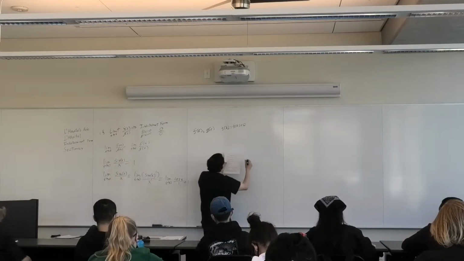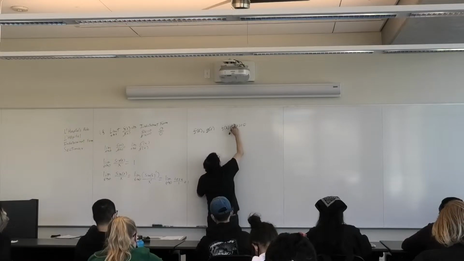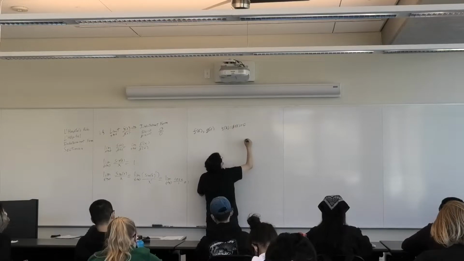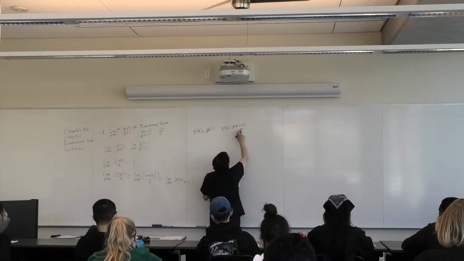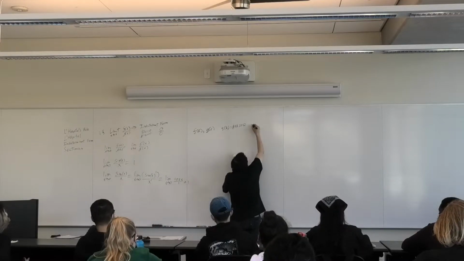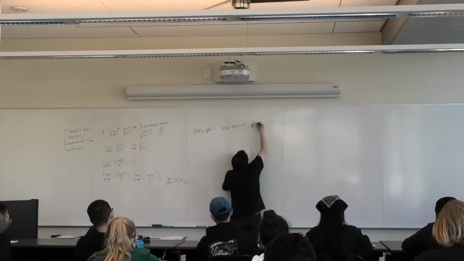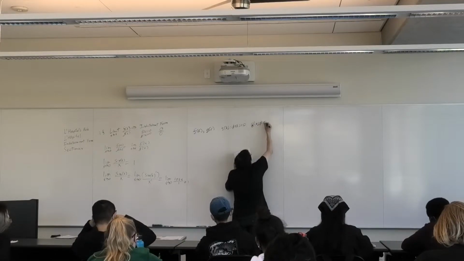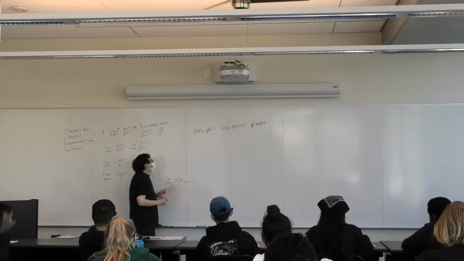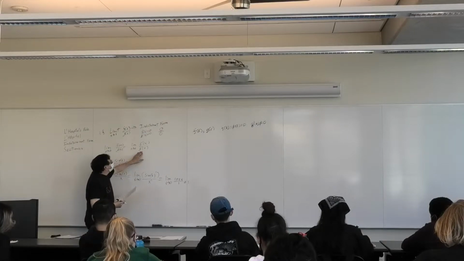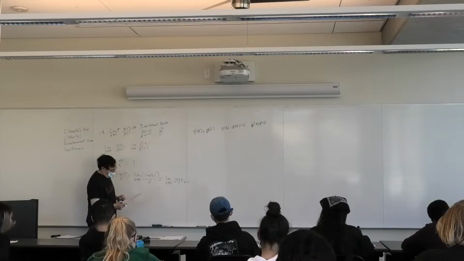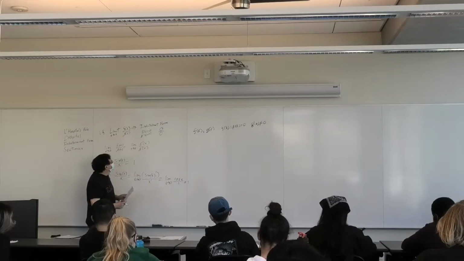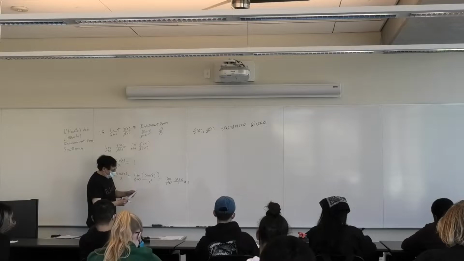And furthermore, f of a and g of a are 0. And also, g prime of a is not 0. It's not going to do us any good if we end up with a new limit that we also can't evaluate.